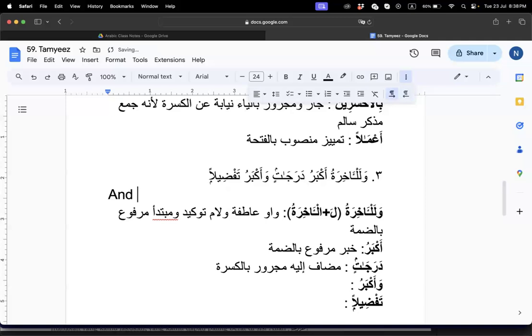Wal akhiratu, and the hereafter. The lam is taukid, surely. The hereafter is much bigger, greater. Bigger darajatin, in status. Bigger in status. Yes, correct. Darajat is rank.